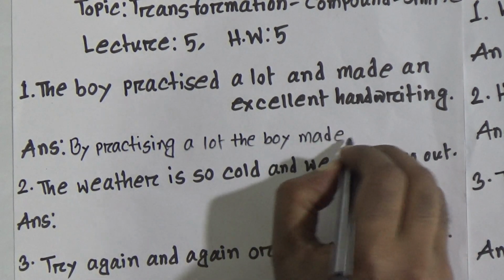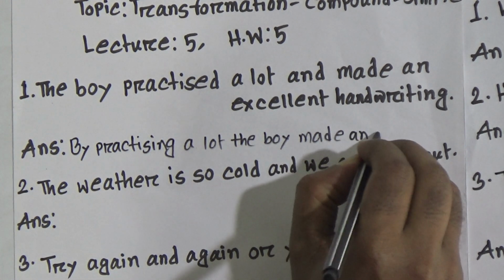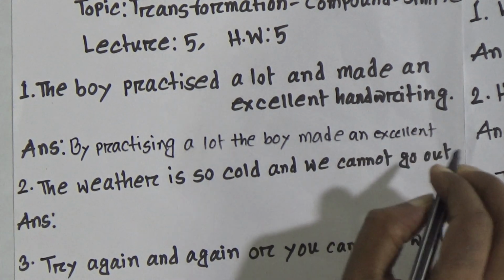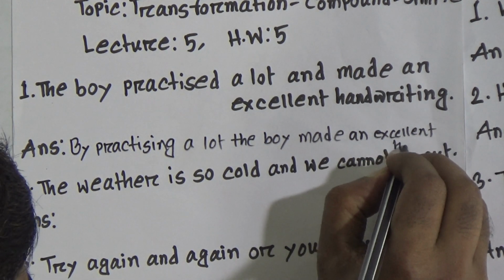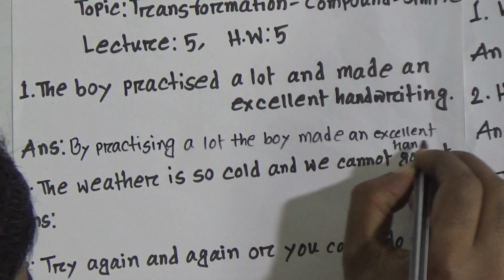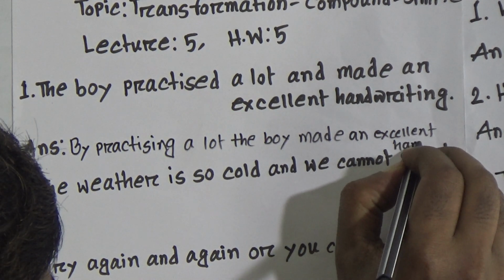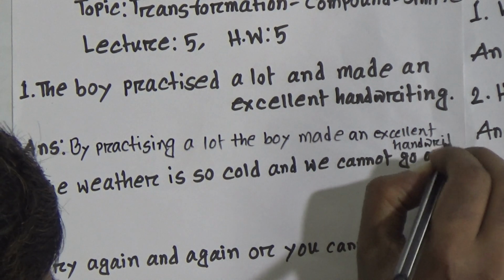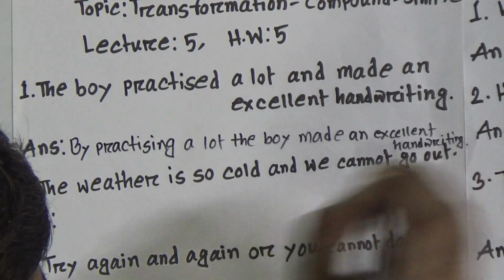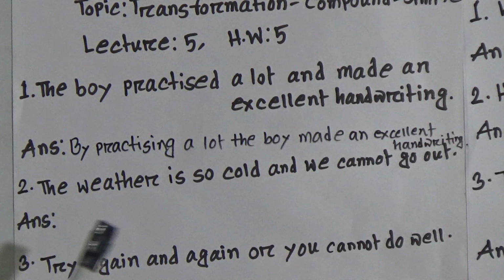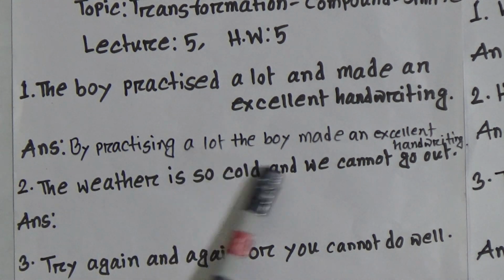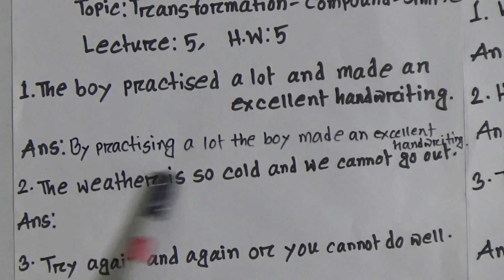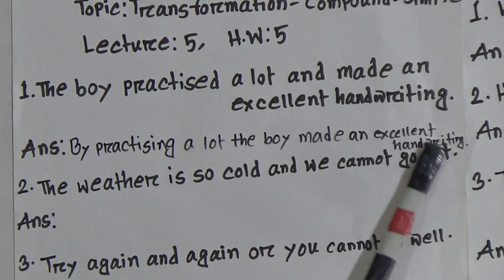We are writing made an excellent handwriting. I hope that you will not have any problem to understand. Full stop. I am telling again: by practicing a lot, the boy made an excellent handwriting.